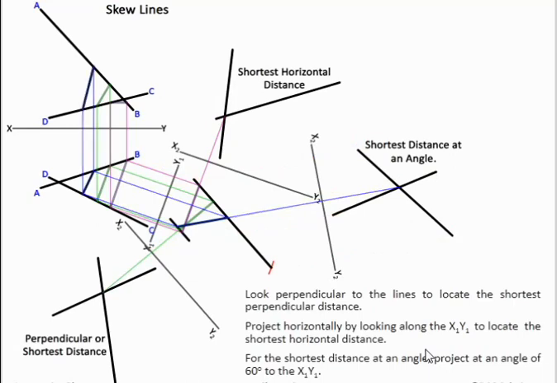So we have all three possible questions put on one sheet here to show how this can be done. So shortest perpendicular distance 90 degrees to our two lines, shortest horizontal 90 degrees to x2, y2, and then if it's at a given angle, whatever the angle is, say in this case 45 degrees to x2, y2.